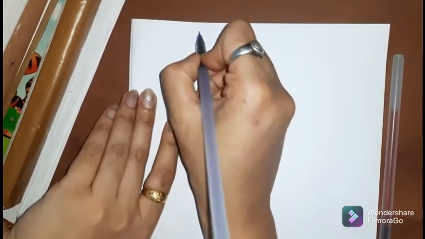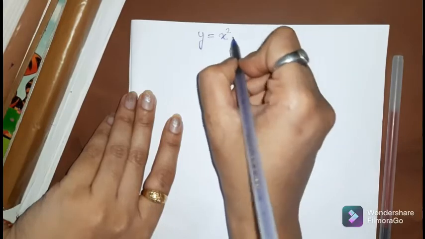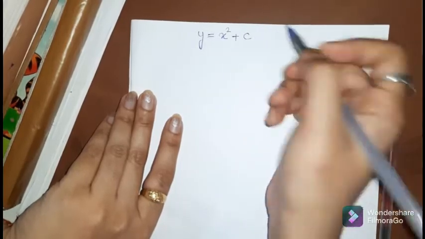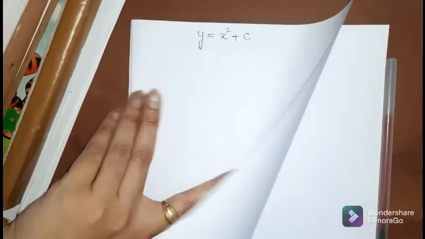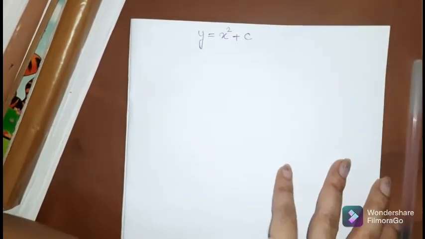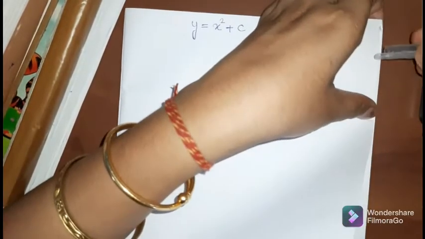Our equation becomes y equals f of x, which is x square plus c. Since c is an arbitrary constant, you get different curves, so ultimately you get a family of integrals. It represents a family of integrals.